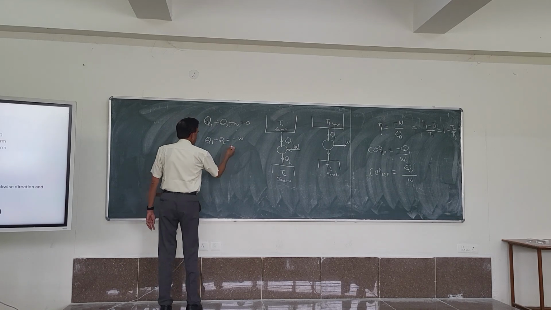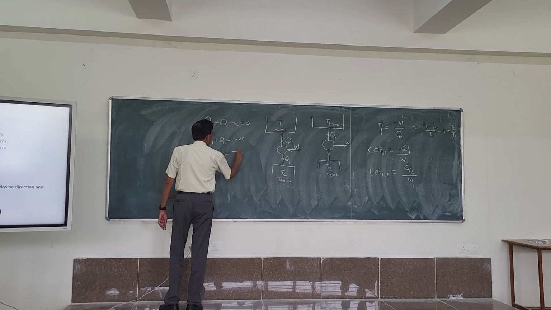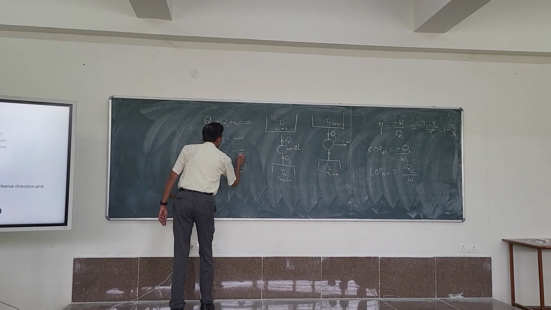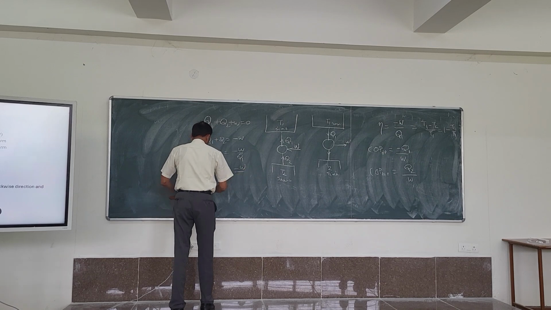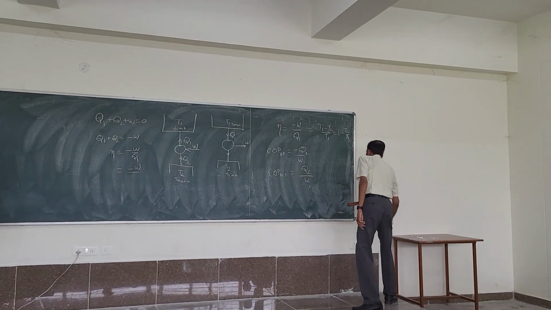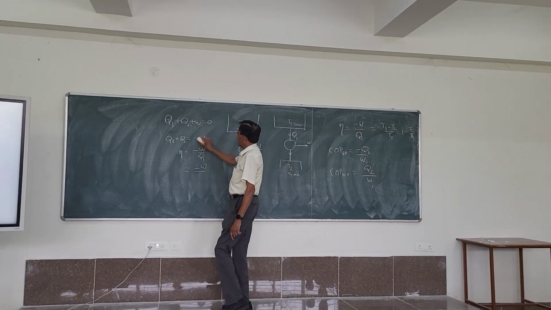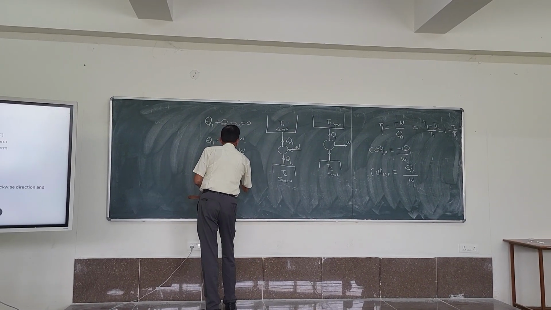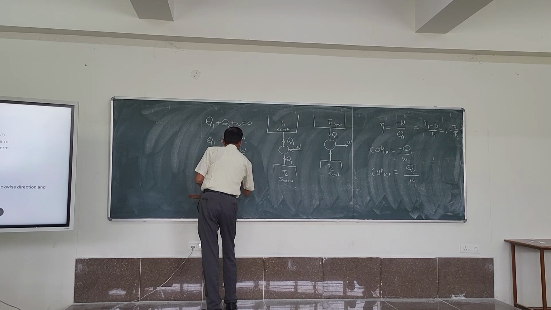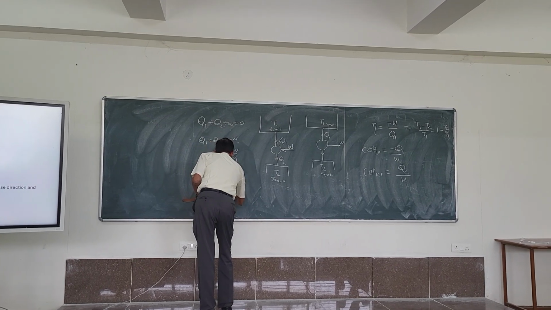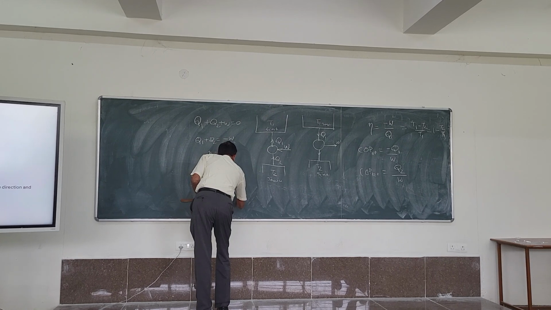So my efficiency is nothing but minus of W divided by Q1. Minus of W is nothing but Q1 plus Q2, divided by Q1. So this becomes 1 plus Q2 by Q1.